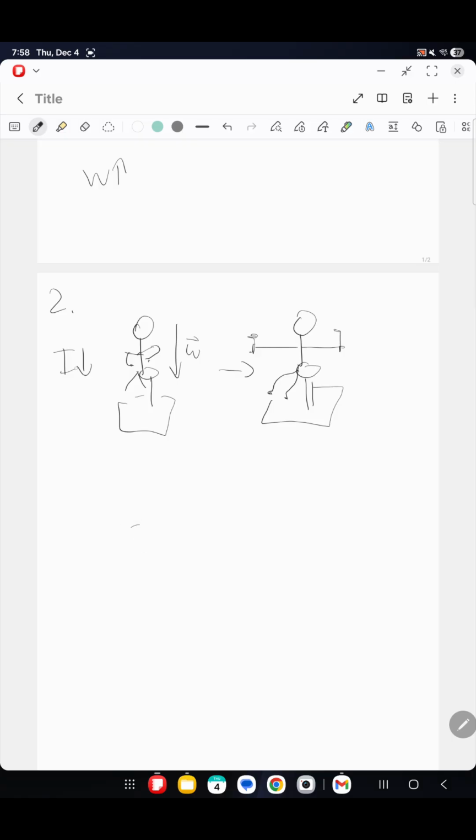And because the moment of inertia is low, you'll have a fast spin. So the angular velocity will be bigger. And then because your arms are out, you'll have a bigger moment of inertia because r is bigger. And so you'll have a slower spin.